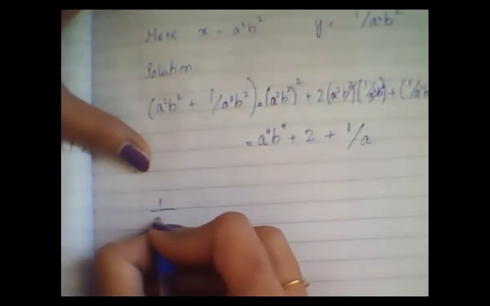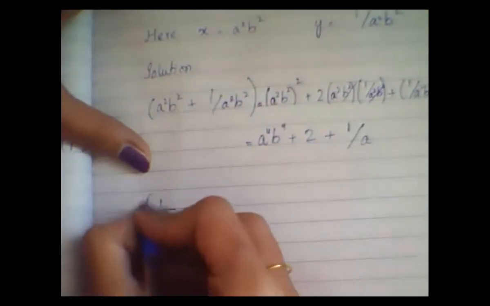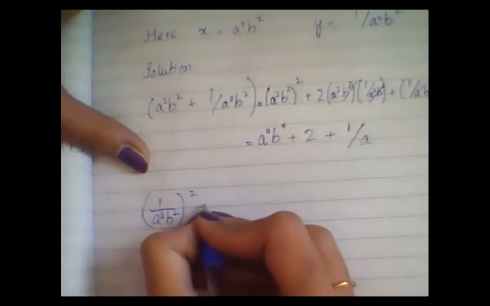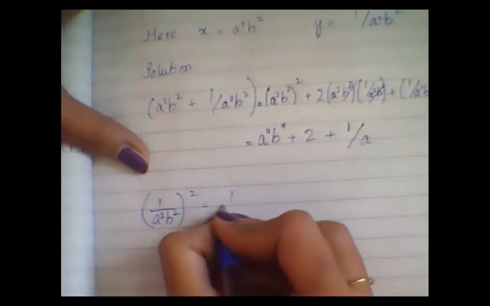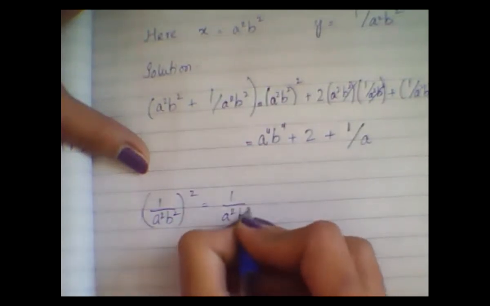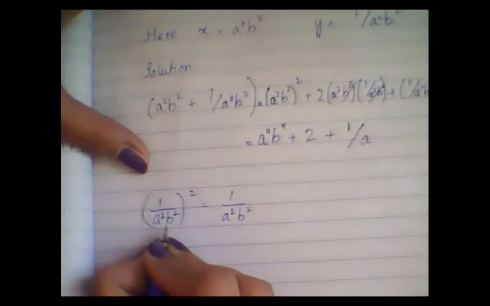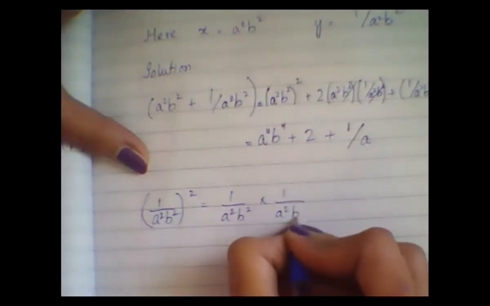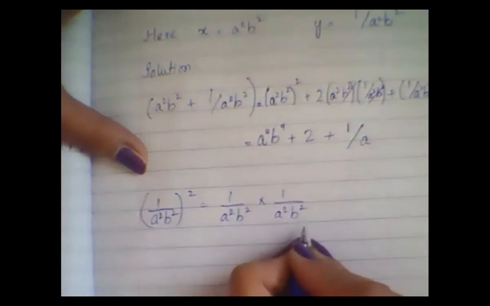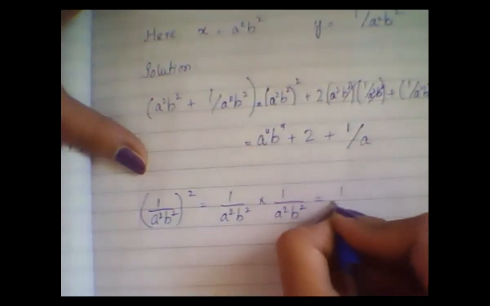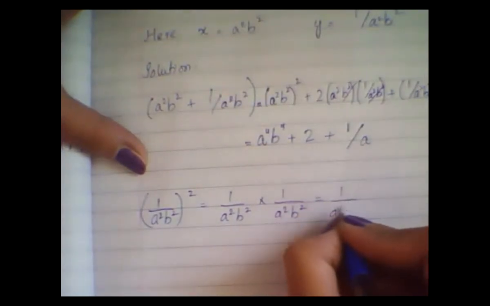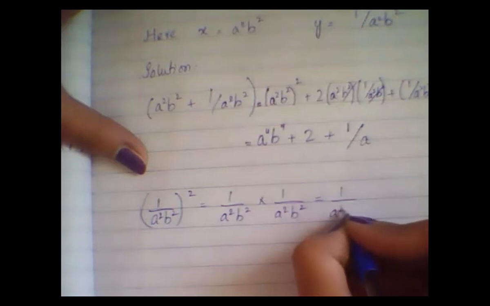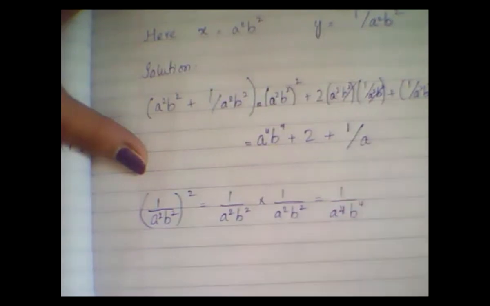What is the meaning of a square b square? Look here, I am just solving the third term to show you clearly. What is the meaning of (1 upon a square b square) whole square? The meaning of this is that 1 upon a square b square is multiplying twice. So we get 1 ones are 1, and here a square into a square is a4, and b square into b square is b4.